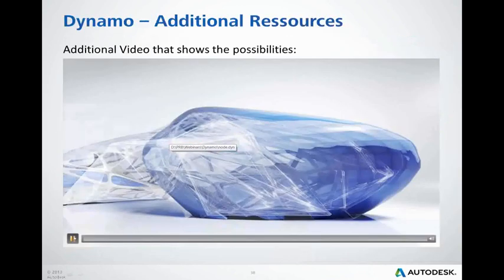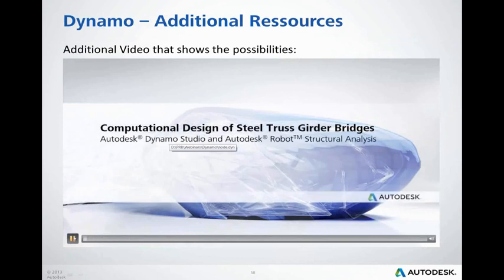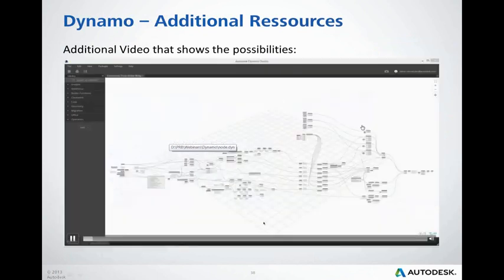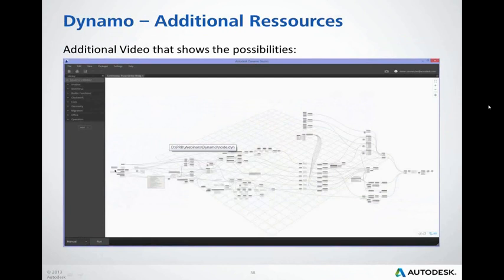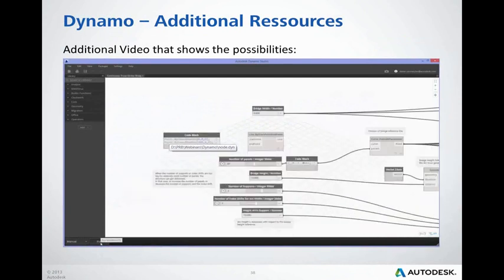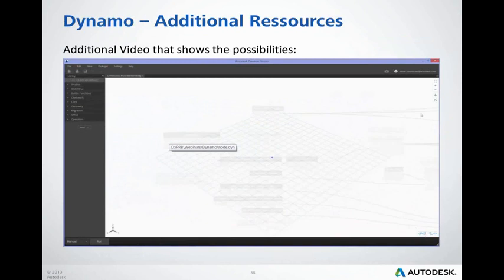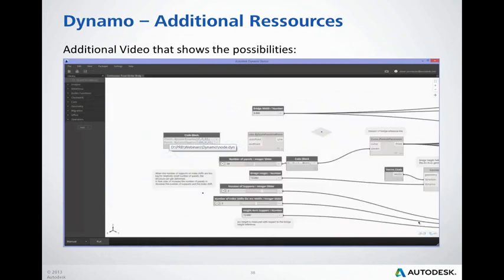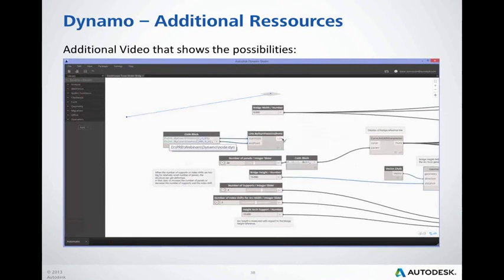So here we can look at an additional video, how to play with Dynamo. And using this code and this video, we will see how to create, for example, a truss bridge.